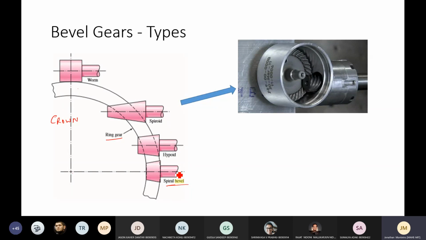One extreme is spiral bevel, where the axis of the pinion intersects directly with the axis of the crown, at its central point or the rotational axis of the crown itself.